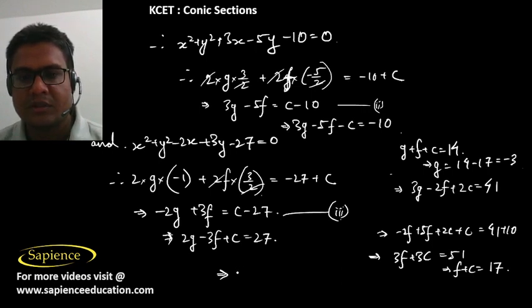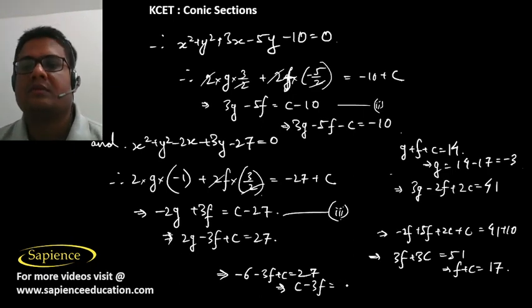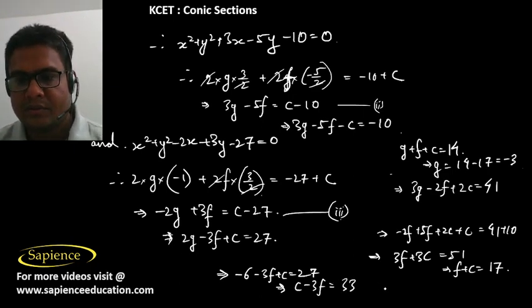So therefore I can say that minus 6 minus 3f plus c, that is equal to 27. So therefore c minus 3f is equal to 27 plus 6, that is 33. So c is equal to 3f plus 33.